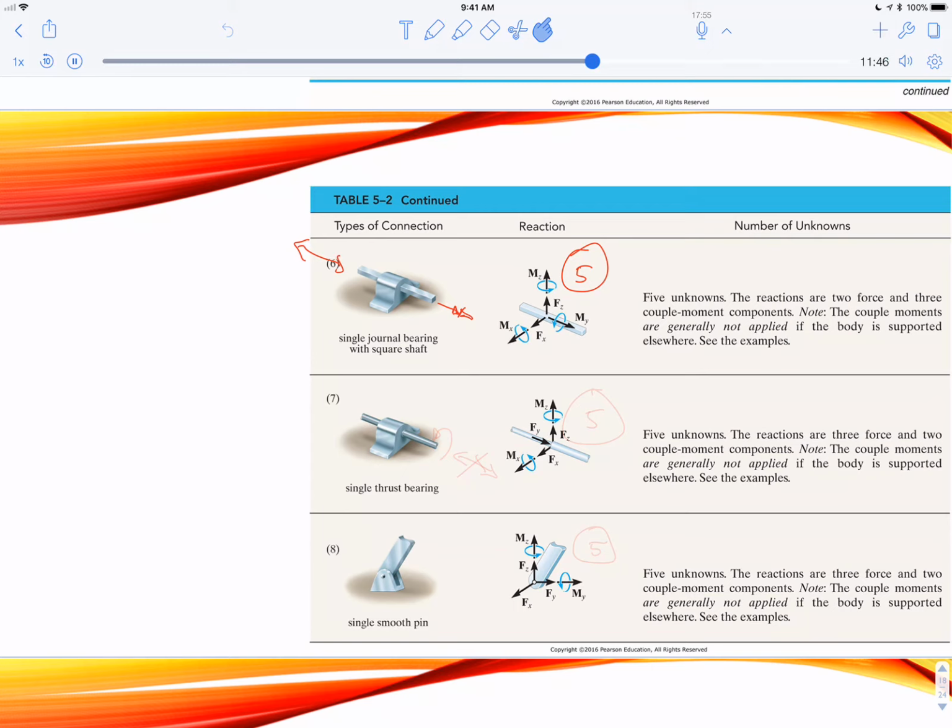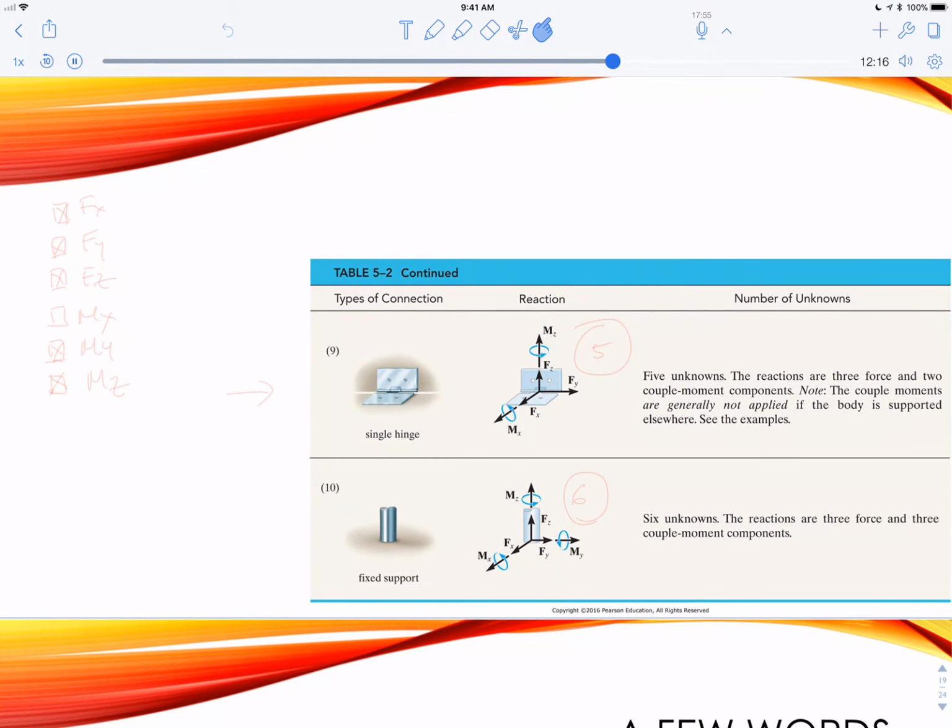Okay, this is a thrust bearing, and what a thrust bearing does is this thing is free to rotate, but it cannot slide in and out. And here you have, again, 5 reactions. And this is a single smooth pin. You cannot twist it out of the plane, and you cannot move it in any direction force-wise, so this also has 5 reactions. Okay, and then here is a hinge. This adds up to 5 reactions, and this is completely fixed with all 6 reactions.